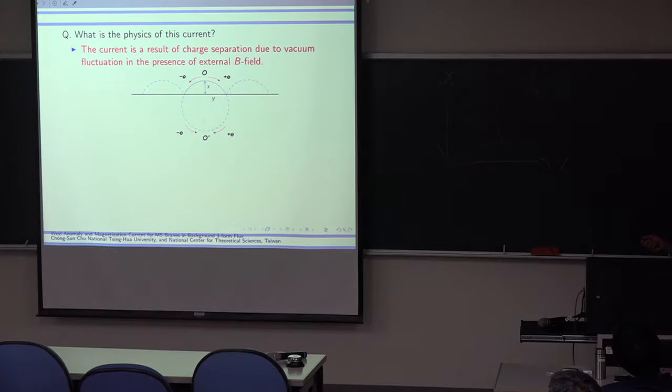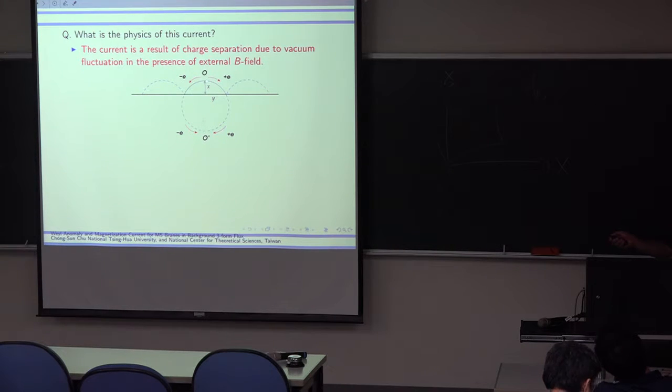There are two ways I can try to give some physics of this phenomenon. The first is that this is related to vacuum fluctuation, like the Casimir effect. You always have pair creation from the vacuum. In the presence of a B field, these pair-created particles, electron and positron, will try to combine, but before they combine, they have to move on a circle because of the B field. So they move on a circle and combine here, for example.